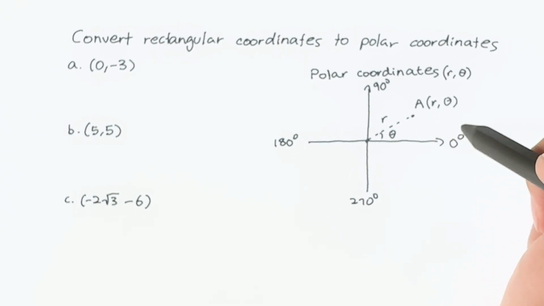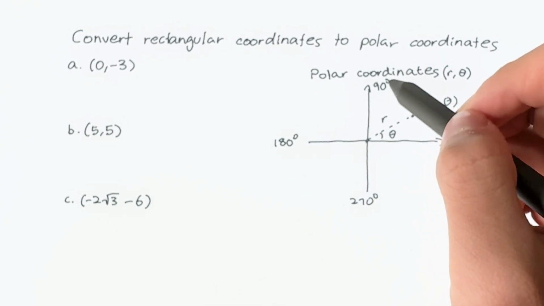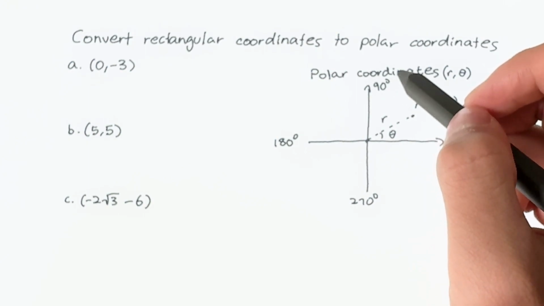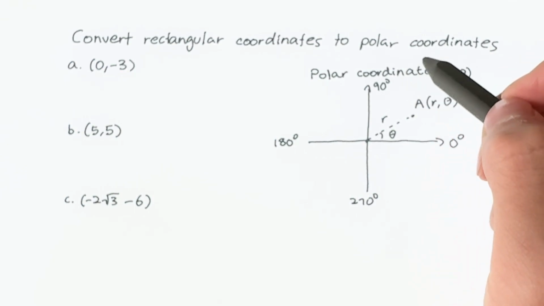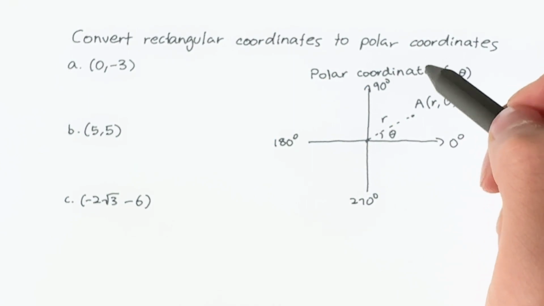So a point with θ equal to 0 degrees is directly to the right of the origin. A point with θ equal to 90 degrees is directly above the origin. And a point with θ equal to 180 degrees is directly to the left of the origin, and so on. So, using this information, we can convert rectangular coordinates to polar coordinates.